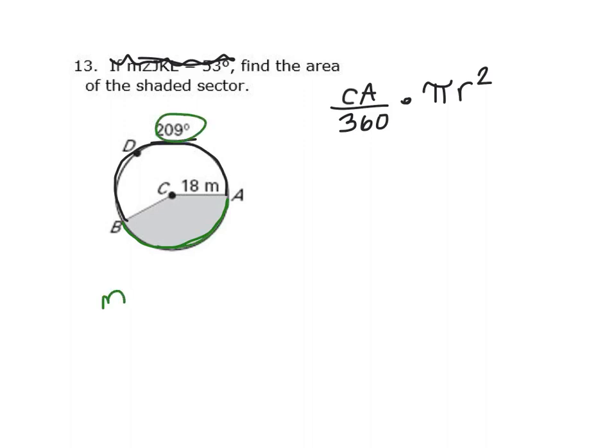So the measure of angle BCA is going to be 360 minus 209. And that's going to give us the central angle that we need to find the area of the sector. So this is going to come out to 151.